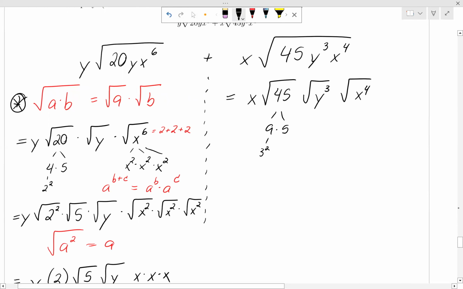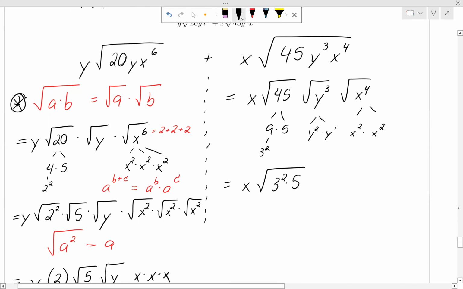So I can rewrite that as x on the square root of 3 squared times 5. This y cubed, I'm going to write as y squared times y to the 1. And this x to the fourth, I'm going to write as x squared times x squared.